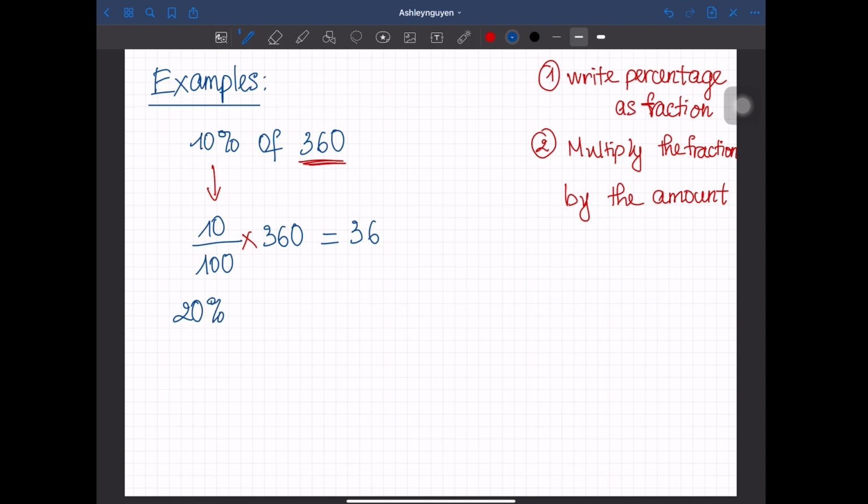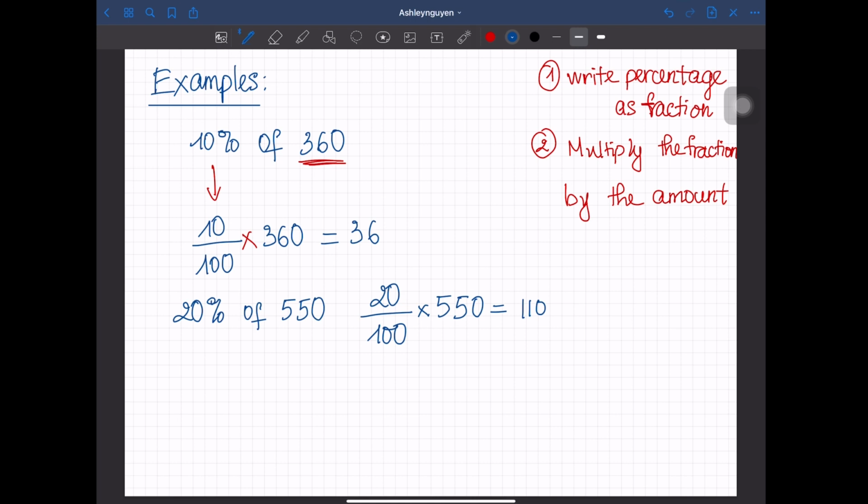20% of 550. Step number 1, write the fraction of the percentage. It would equal 20 over 100 multiplied by the amount 550, which equals 110.